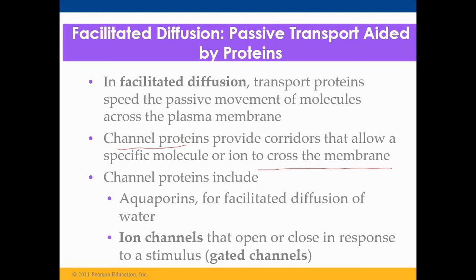And channel proteins include aquaporins. So this is for facilitated diffusion of water. So it's called aquaporins. And also we have ion channels. So for ions, it's called ion channels. And these ion channels open or close in response to a stimulus. So they're called gated channels. They open or close depending on what stimulus they receive.